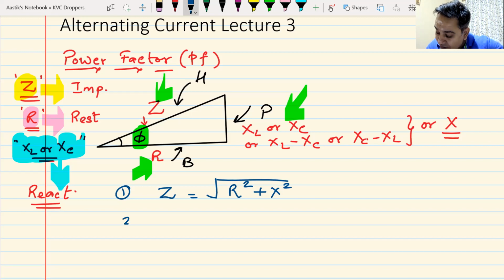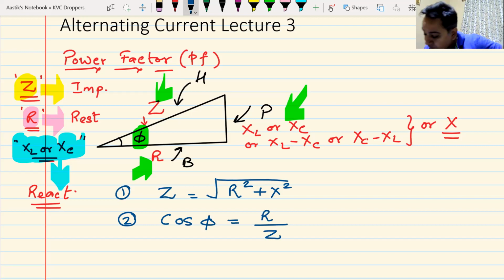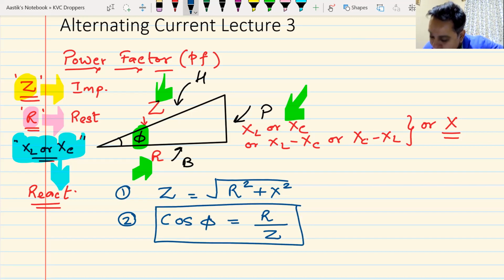Now, the second thing that you can understand from this right angle triangle is the trigonometric ratios. The first thing I'm going to discuss here is cos of this angle phi. You can find cos of phi by base divided by hypotenuse.